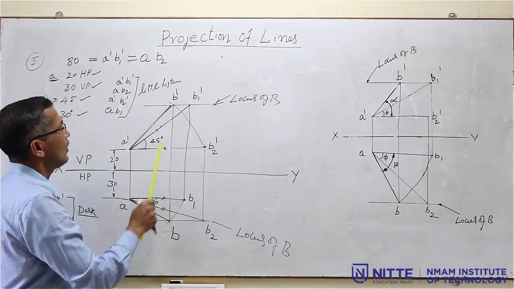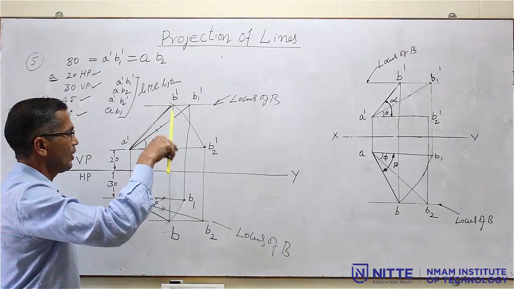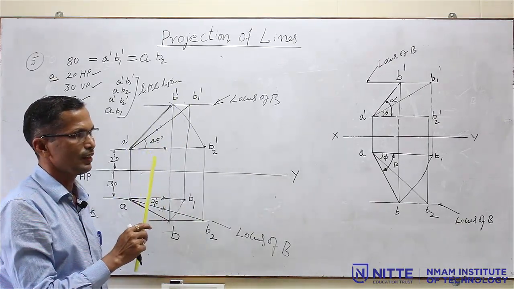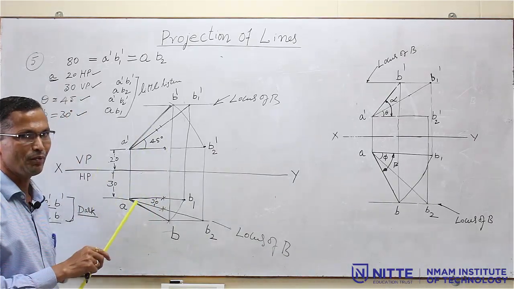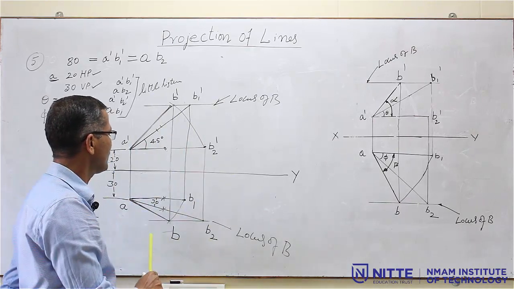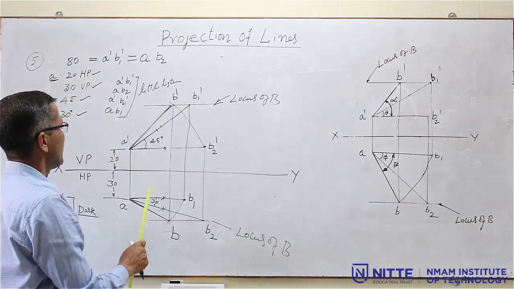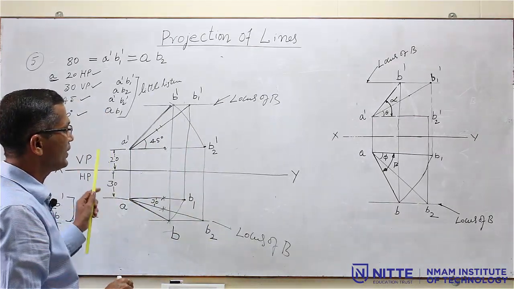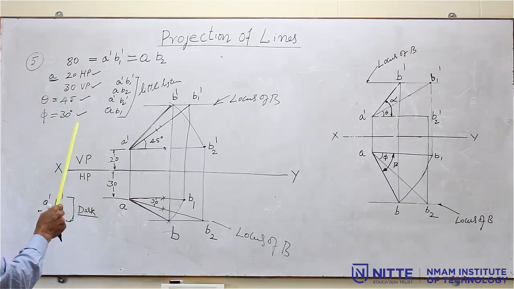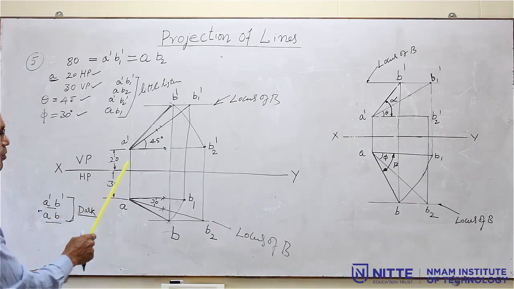All the vertical lines you draw, the projection lines and the end projectors, should be 2H pencil only. Compulsorily use the 2H pencil and make it light. Otherwise it will be a mesh of wires, so it may not be very clear. So use the proper pencil and draw this. So this is the solution for problem number 5. It looks like this.